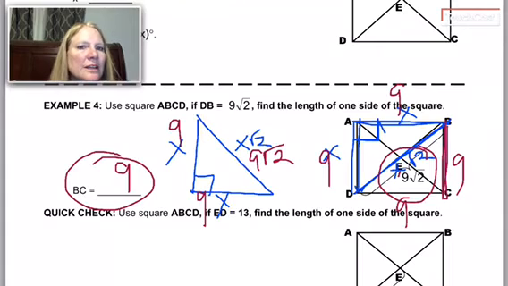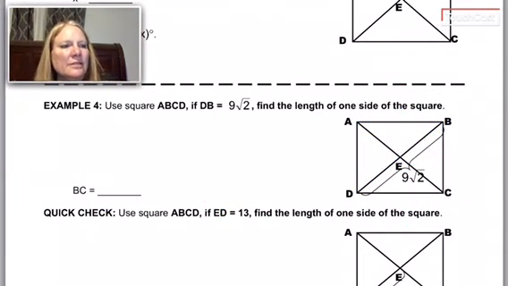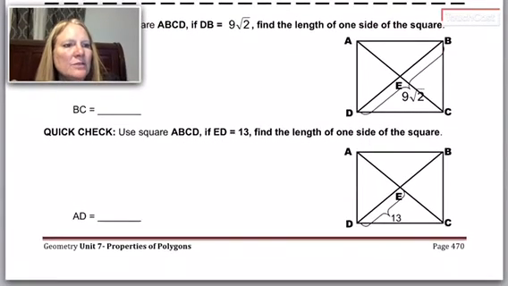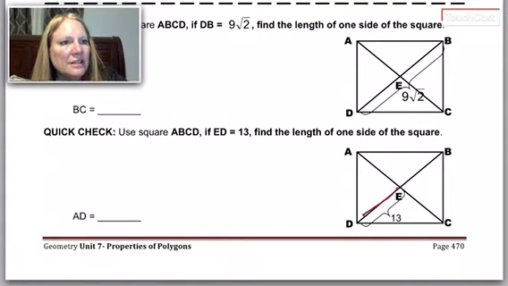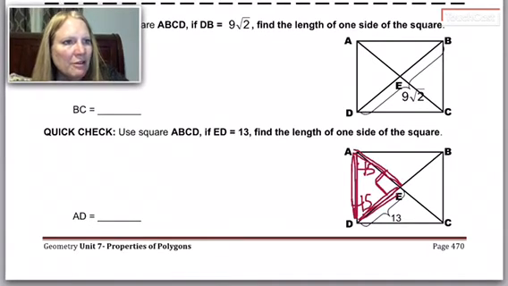All right, then in the quick check, let me erase a little bit. And this one here, we're going to want to break it down because they give us this measurement. So here we're going to break it down to the smaller triangles where this is 90 and this is 45, 45, 90. So across from 45 is 13.